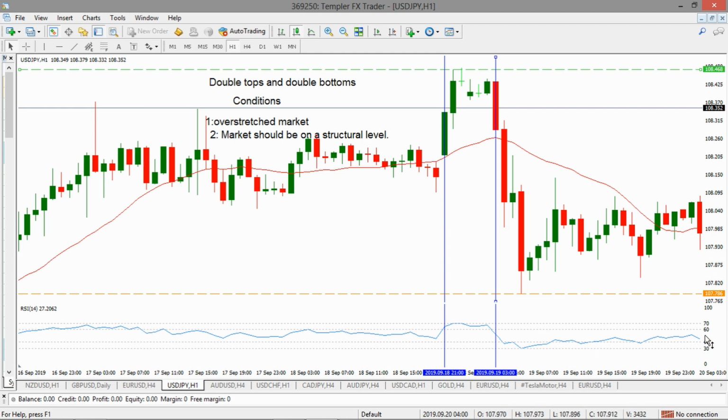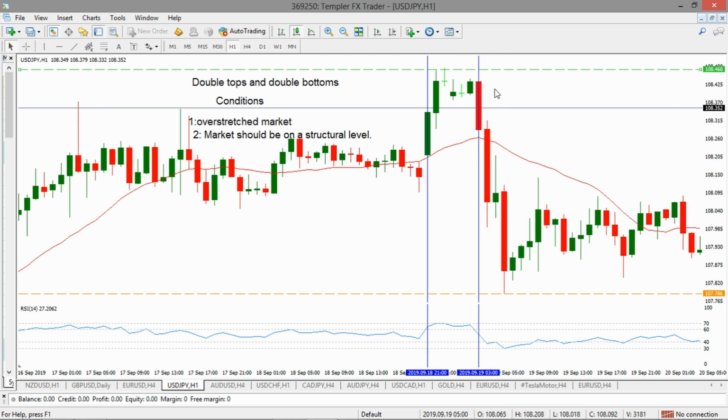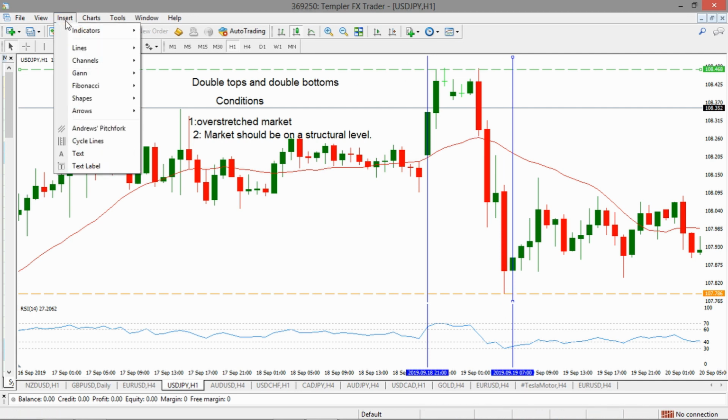I personally prefer using two levels, 60 to 70, that implicates that the market is overbought, and 40 to 30, that means that the market is oversold. So in this case here, at this instant, the market was in an overbought level. So what we're looking for is short trades. Good enough, we have a double top right there, so we should just go ahead and place a trade.